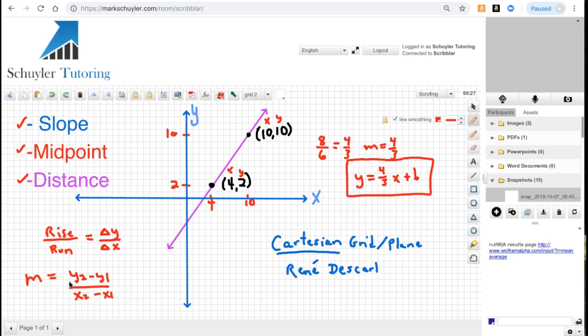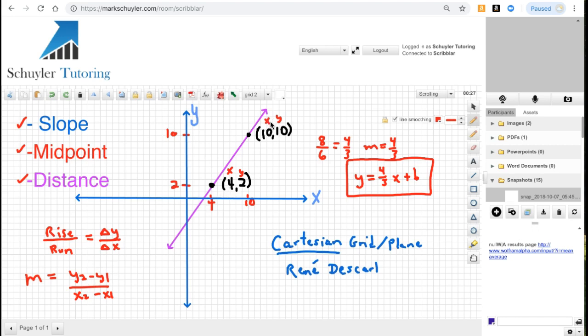And I think using the more detailed formula, even though it might be a little bit slower, is a better idea, especially if you have some points that are in other quadrants besides our really easy quadrant 1. When you start having points that are located in quadrants 2, 3, 4, and some negative signs are creeping in, it's really important to label your points.